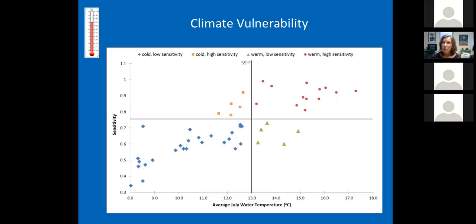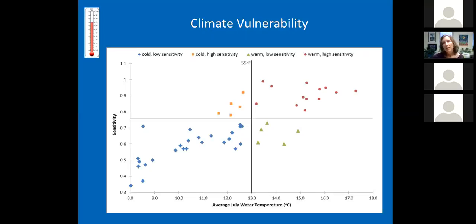And these are streams that typically have really high elevations in their watersheds, so they actually have a very deep snowpack, and it's high enough that it's likely not to be impacted by changing winter temperatures for a long, long time. And they also tend to have a lot of groundwater connections. So there's groundwater that's feeding that stream all summer long, keeping the water levels up and keeping the water temperatures down.